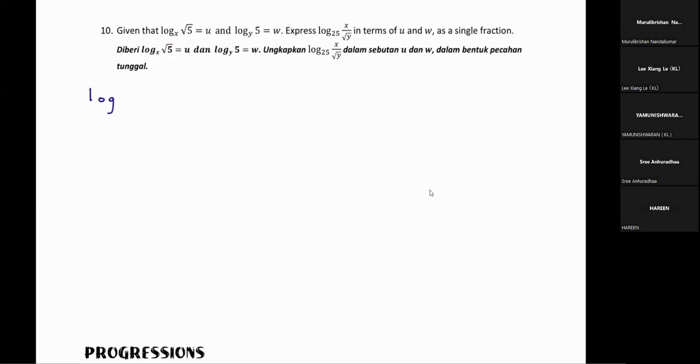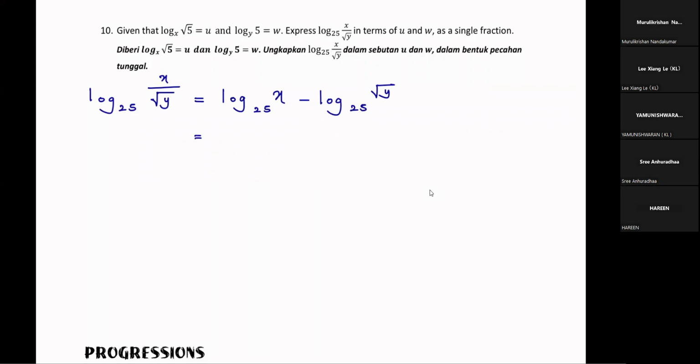Okay, log, what do you want to do? Okay. We do the log 25x first. Minus divide going to be minus. Okay, got it.